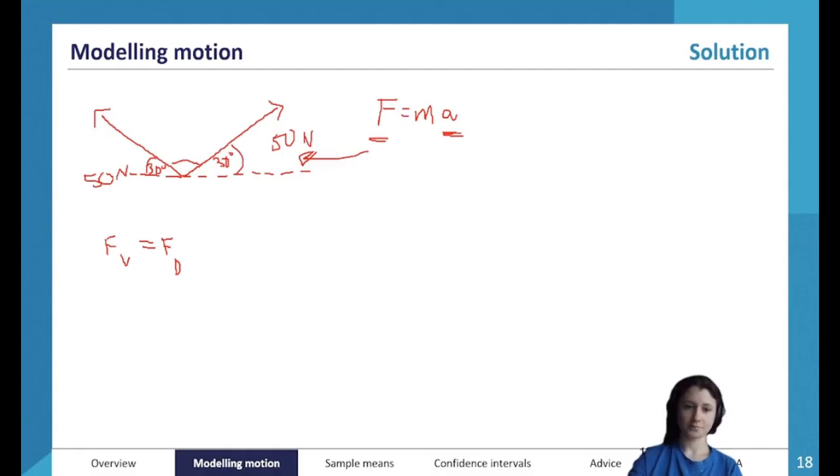So we know the acceleration acting downwards is going to be negative 9.8 meters per second squared. So, let's find the resultant force.